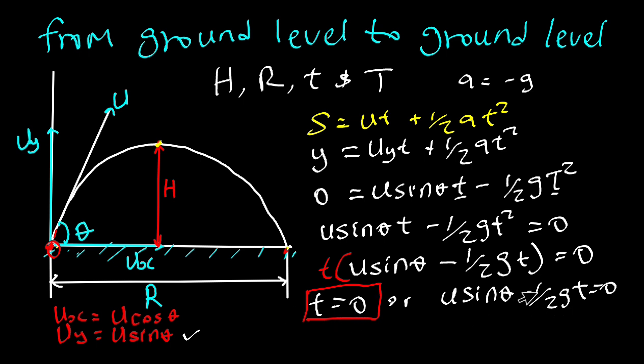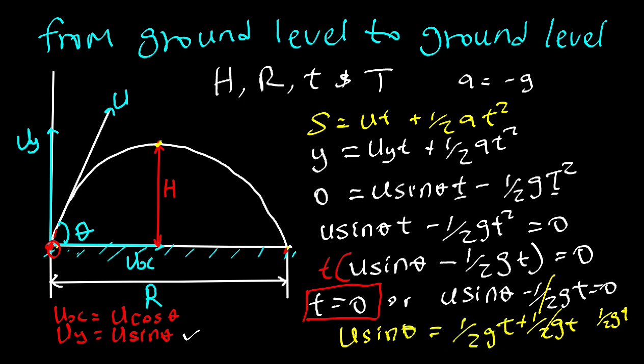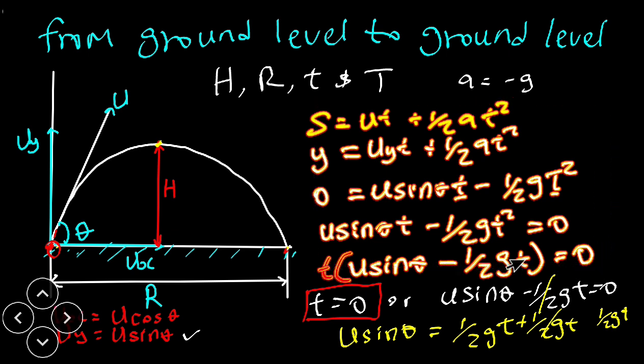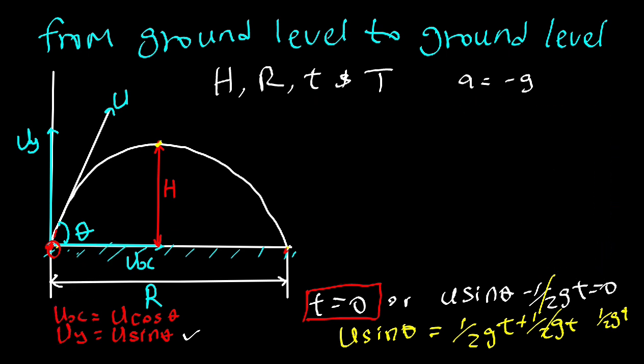Alright, so let's add half gt to both sides. We have half gt here, so this and this will cancel. We'll be left with u sine theta equals half gt. So let's multiply both sides by 2.